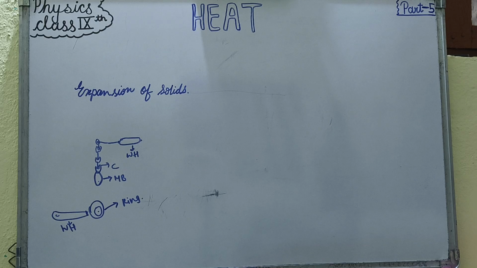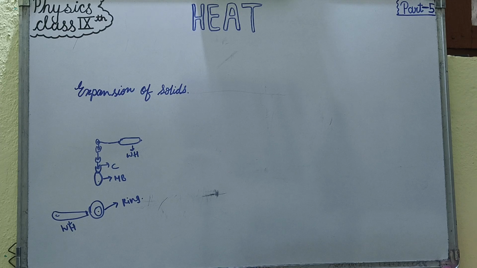Take a metal ring provided with a wooden handle and a ball like this. The diameter of the ball and the ring are of such dimensions that the ball just passes through the ring. Both the ring and the ball are provided with a wooden handle to perform the experiment conveniently. Now heat the ball and try to press it through the ring.